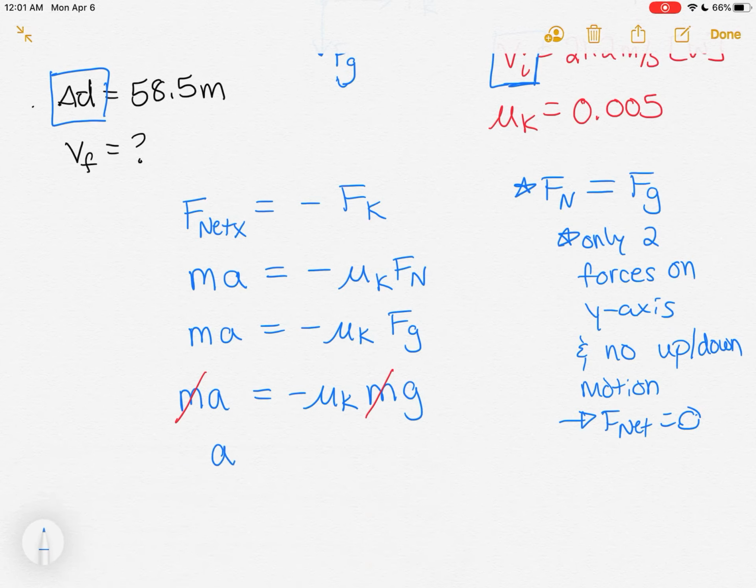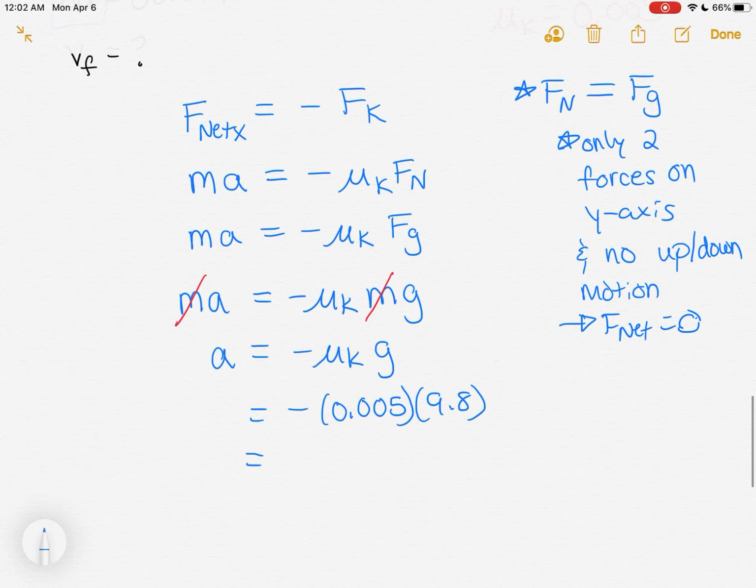And so to solve this equation, my acceleration is going to be negative mu k times g. mu k I had was a value 0.005. g is always 9.8. So the acceleration of my puck is negative 0.049 meters per second squared, and that's traveling to the west.